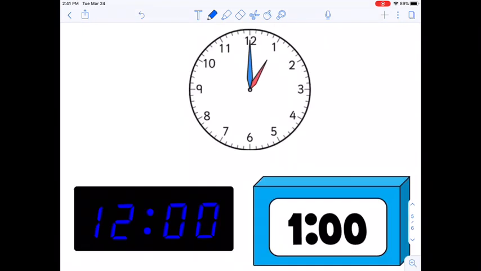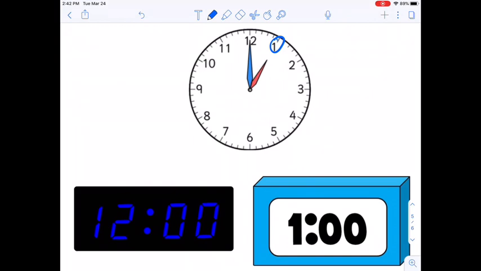Now let's see how we do. Here's another one for you. Which digital clock matches the time on the analog clock? Think about this. Where's the hour hand pointing? And then think about where's the minute hand pointing? Did you say 1 o'clock? That's right. In this clock, the hour hand or the short hand is pointing at the 1.